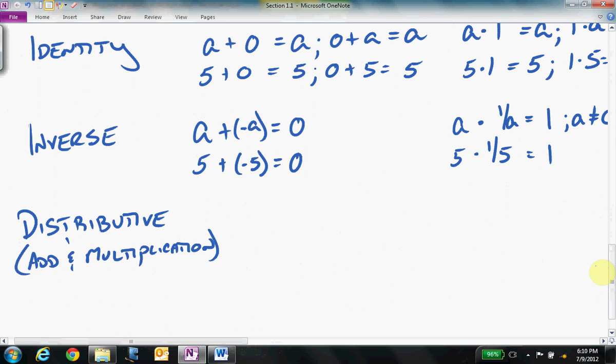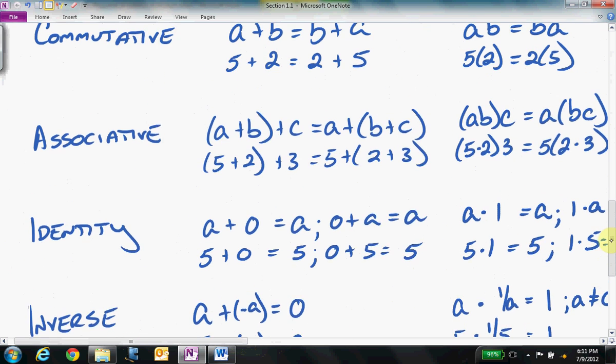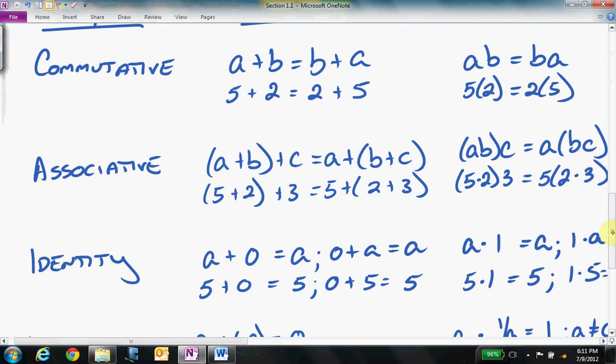It looks kind of like the associative property because of the grouping symbols. We've got a multiplied by b plus c. But let's go back up. The main difference here is that in the associative property, a is attached to the group b plus c through addition.